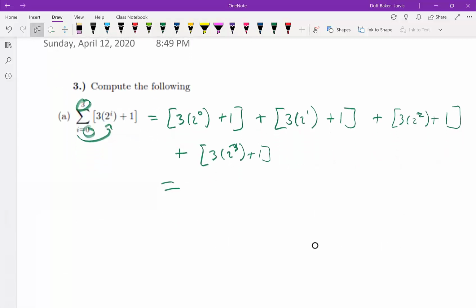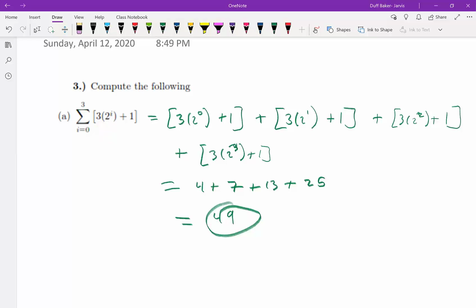So this would be 4 plus 7, 4, 12, 13, plus 8, 24, 25, 28, 35, 49. So I got 49 when I did this. So the summation was a fancy way of writing 49. Okay, so that was just sort of a warm-up.